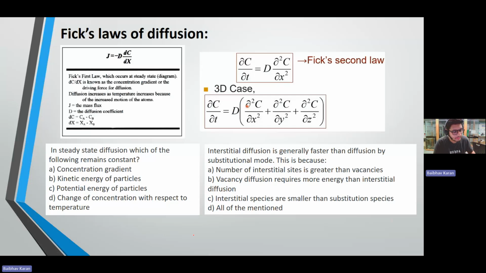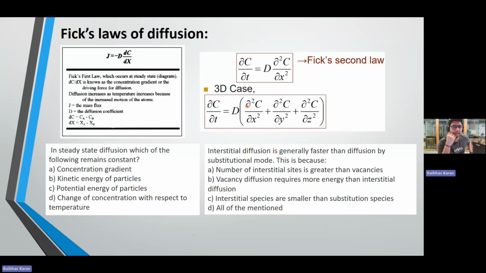Then, as we defined diffusion, we learned about Fick's laws of diffusion, Fick's first law and Fick's second law. Fick's first law states that the flux at a steady state is proportional to the concentration gradient, and the diffusion is dependent upon the temperature because of the increased motion of the atoms.